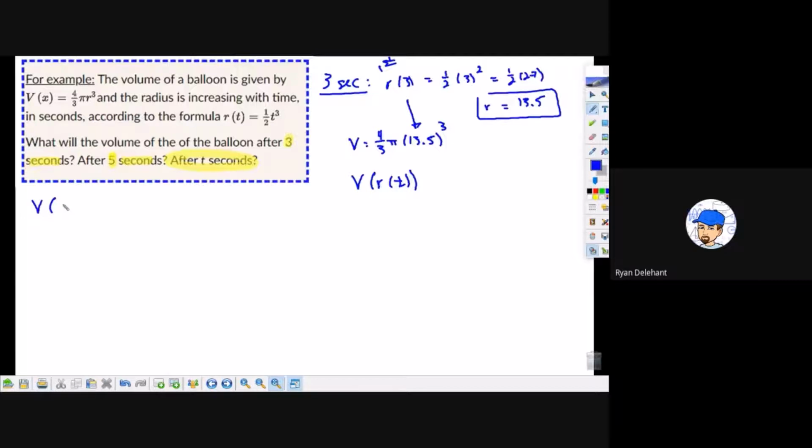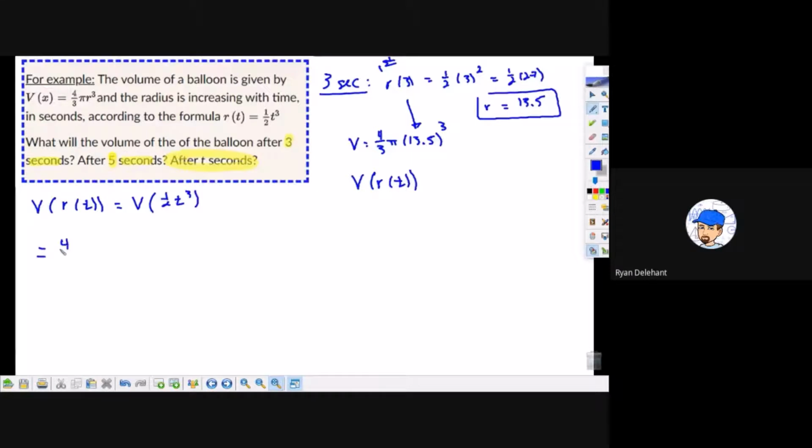So V of R of T, so that's V of 1/2 T to the third. And usually what will happen is the math and the calculations will get a little bit easier when you compose them because you'll be combining some operations together, but not all the time.